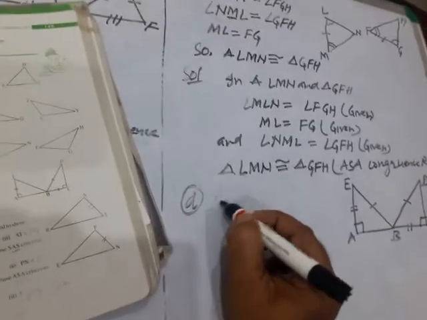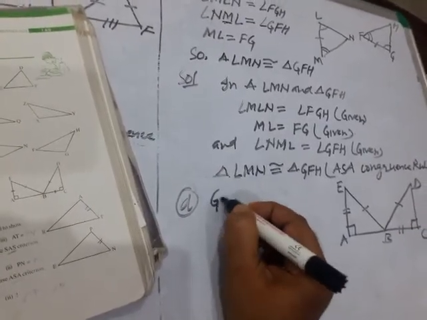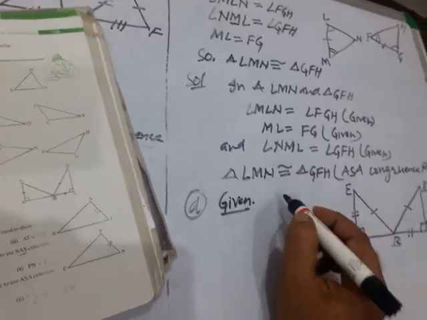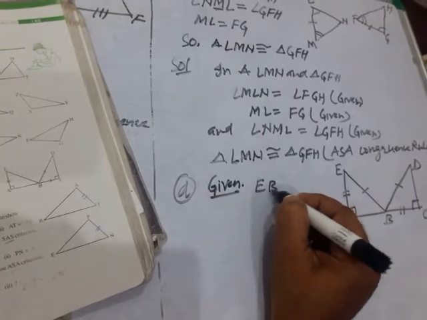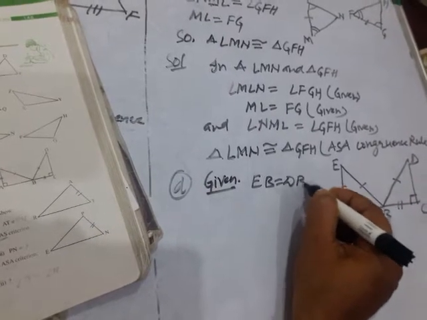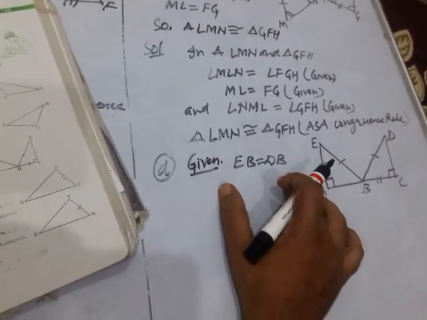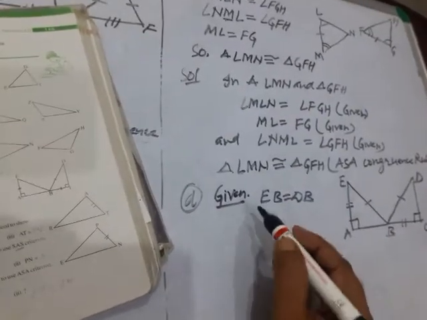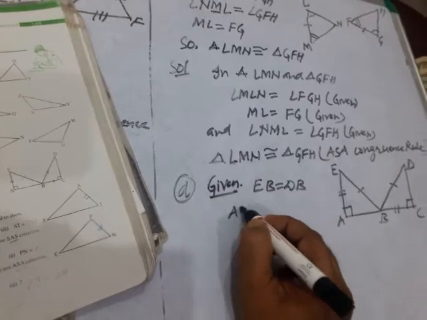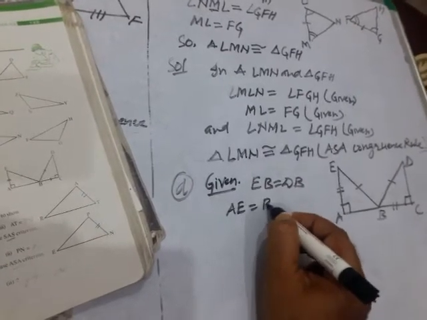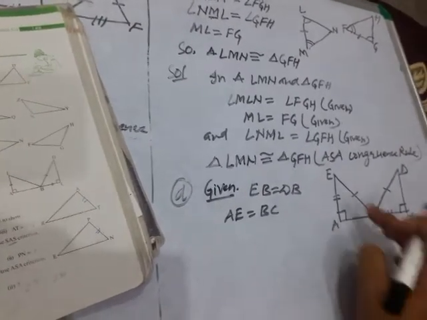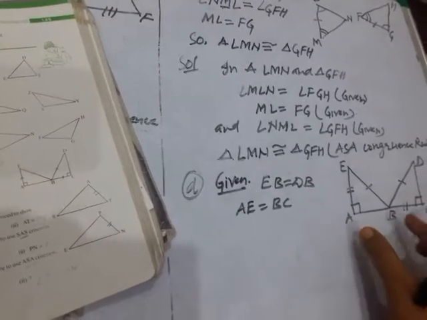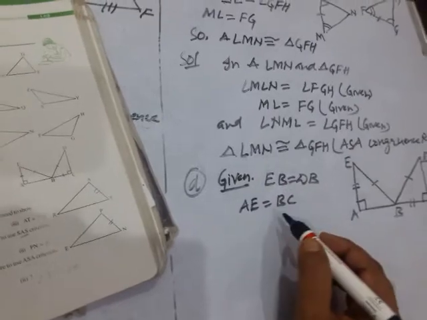Now what is given? EB equal to DB. Equality has been shown with similar markings. EB equal to DB, it is given. What else? AE equal to BC. That is also given. And what else?